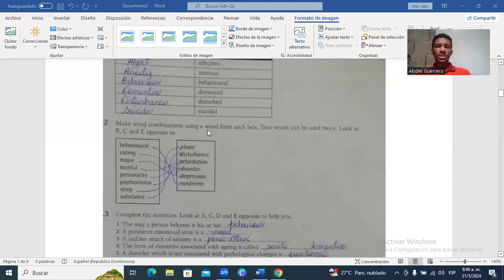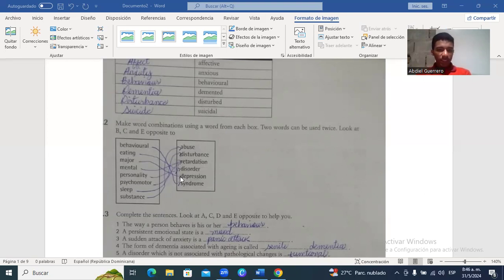Make word combinations using a word from each box. Two words can be used twice. Look at A, B, C, and the box to help you. Behavioral, syndrome, eating, disorder, major, depression, mental, retardation, personality.